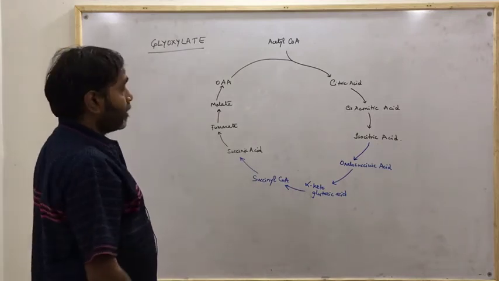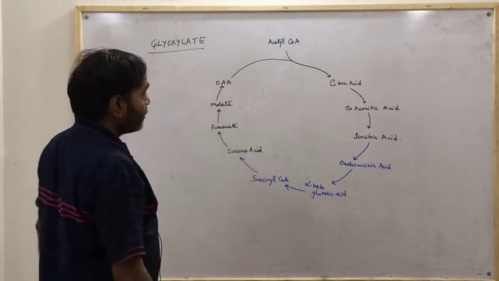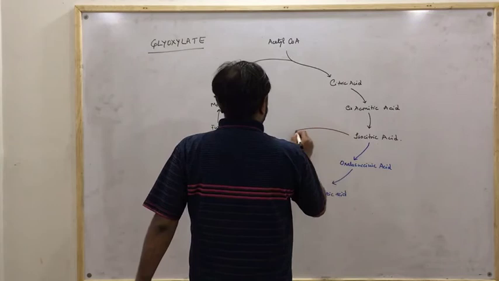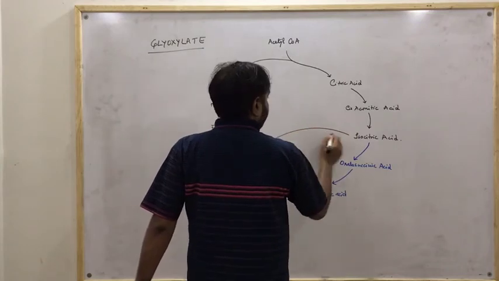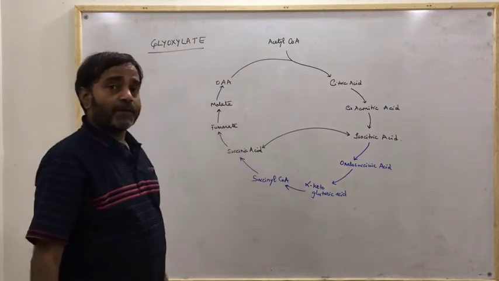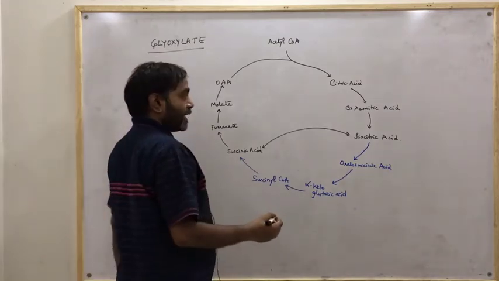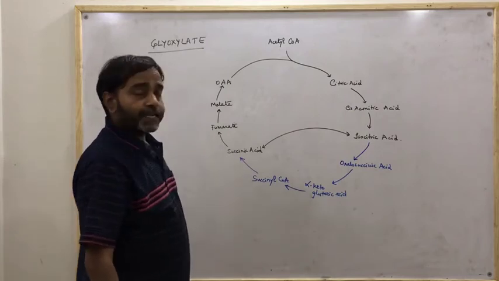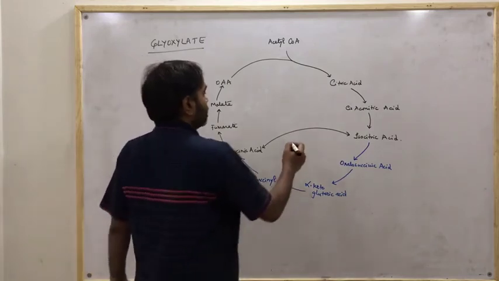But this is a bypass. So what happened, that from glyoxylate directly succinate will be formed, and one enzyme will play its role, and that enzyme is called isocitrate lyase.